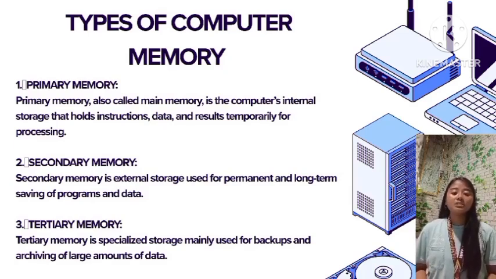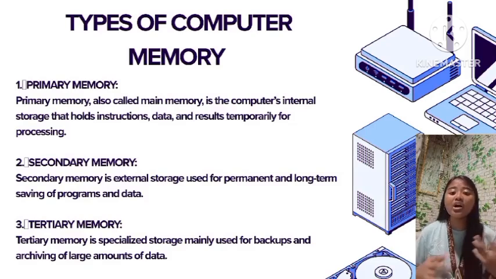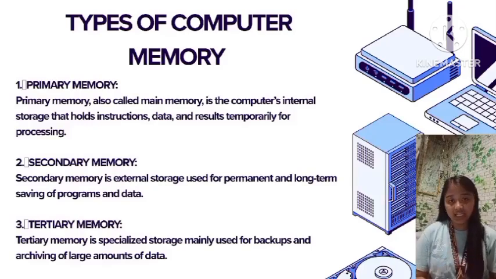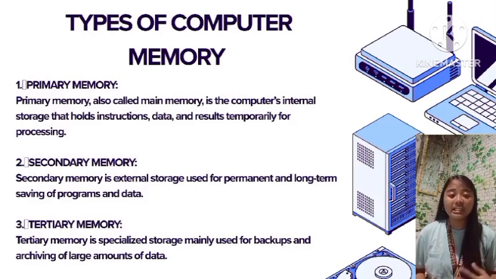One of the advantages of secondary memory is its larger storage capacity, unlike primary memory, which holds data only temporarily. Secondary memory can store gigabytes or even terabytes of data permanently.